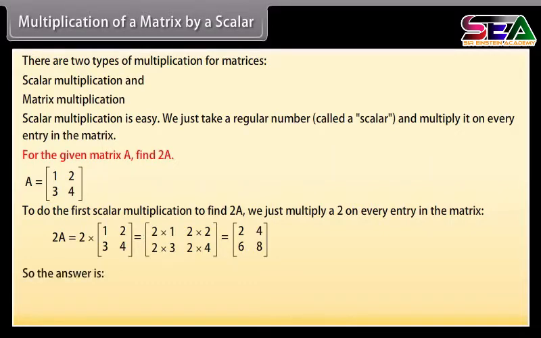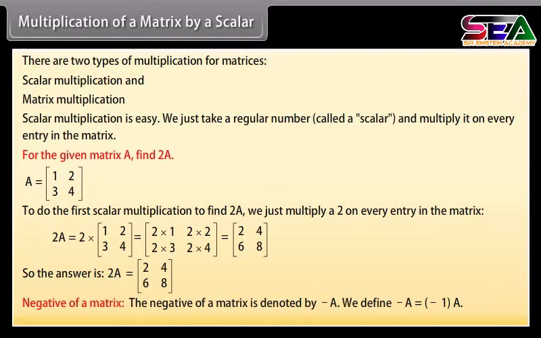So the answer is 2A equals the matrix with first row 2, 4, second row 6, 8. Negative of a matrix. The negative of a matrix is denoted by minus A. We define minus A is equal to minus 1 times A.